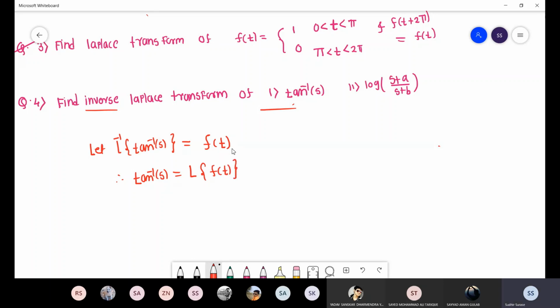Next, then multiply f of t by t, and that gives the derivative of tan inverse of s. Yes, multiplication by t property.